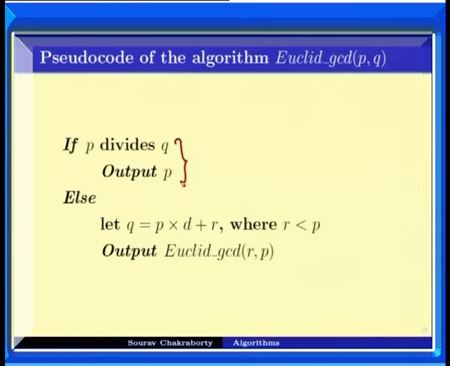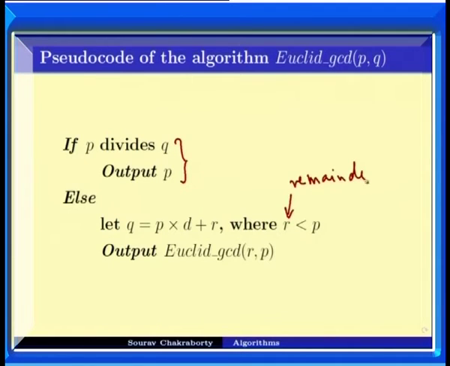The second part is, if Q is equal to P times D plus R, where R is strictly less than P. Note that we can always assume this thing happens, because we can think of dividing Q by P. So D is the quotient, R is the remainder, and remember the remainder is always less than the value with which we are dividing, in this case P. So R is strictly less than P.